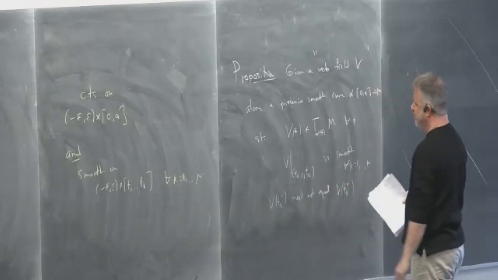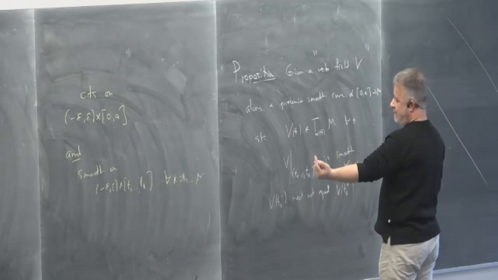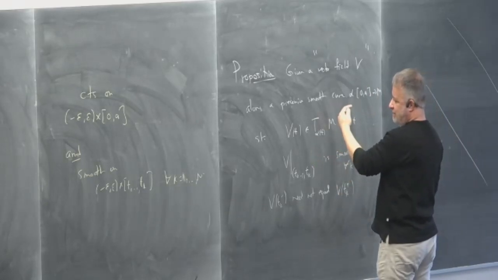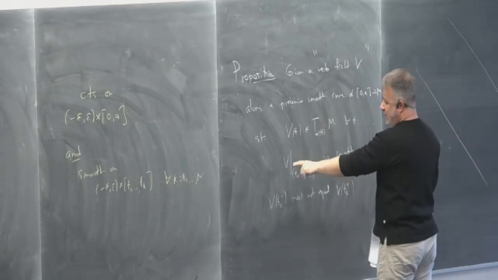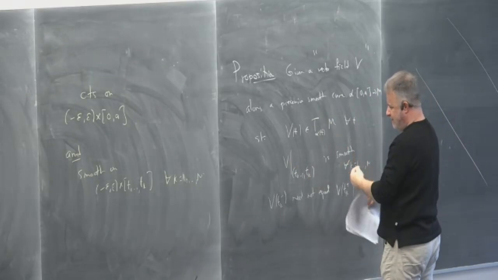So you can have jump discontinuities. Essentially what that means is I have a smooth vector field on each of these closed bounded intervals, but they don't have to patch together to be continuous.